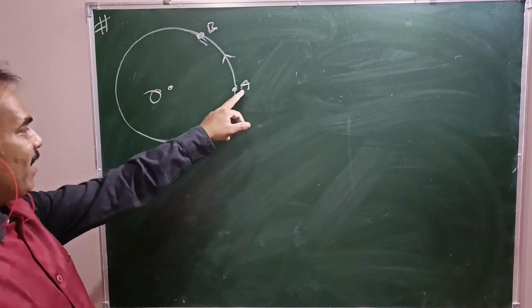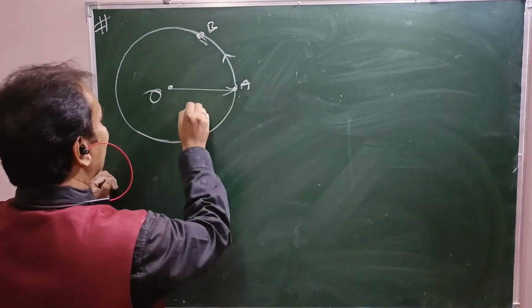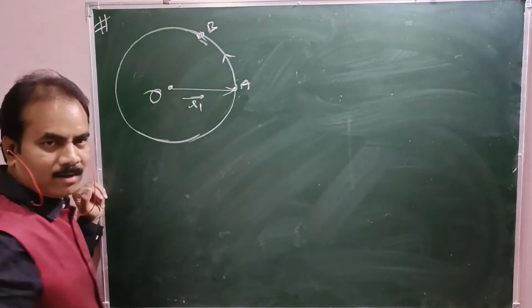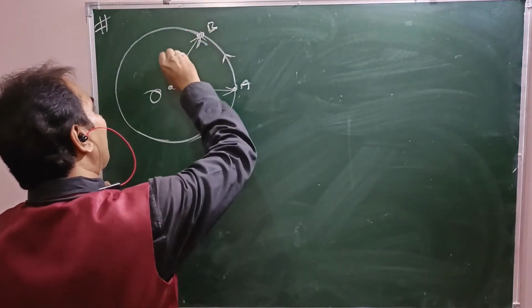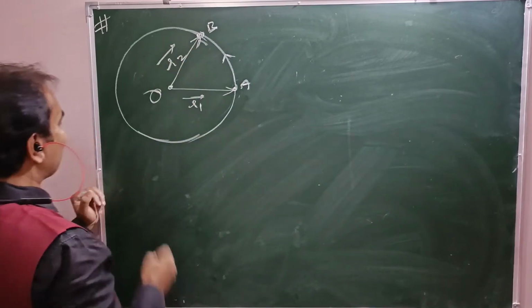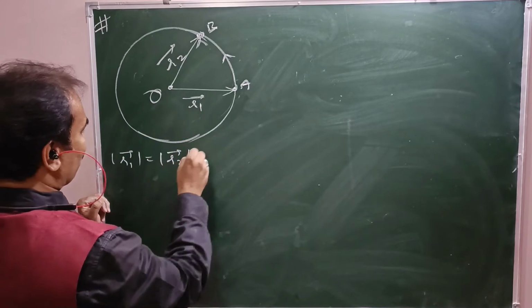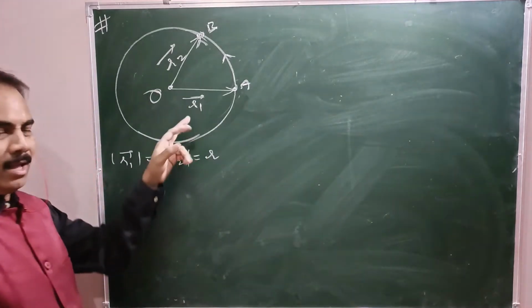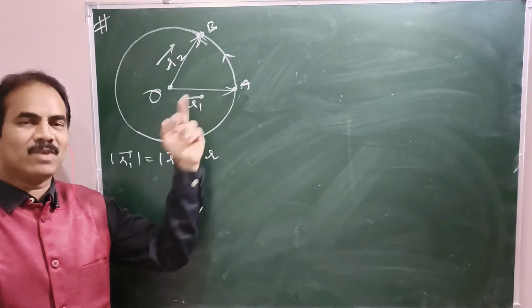When the particle is somewhere here at A, let R1 bar be the radius vector. When it reaches point B, let it be R2 bar. In fact, mod R1 bar equals mod R2 bar equals R. Why? Because the magnitude of the radius vector remains the same.